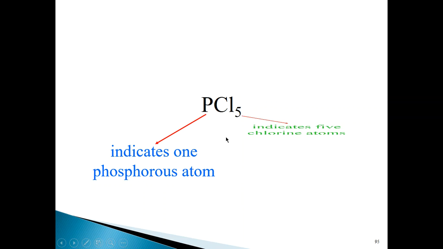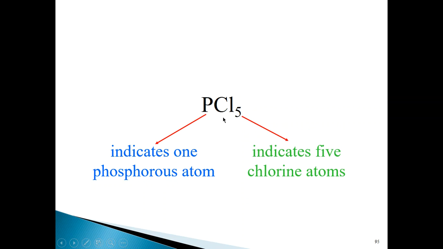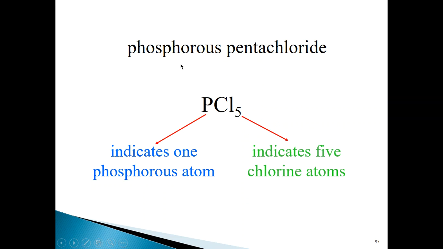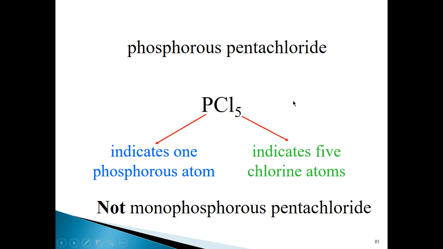However, we have 5 chlorine atoms, that's the second element, so we would use the penta prefix as far as the chlorine is concerned. So therefore, the name of this compound is phosphorus pentachloride. Phosphorus pentachloride, all right? Not monophosphorus pentachloride because of what I said before, right? Because we have only 1 atom of phosphorus, and that atom is the first one indicated in the formula.